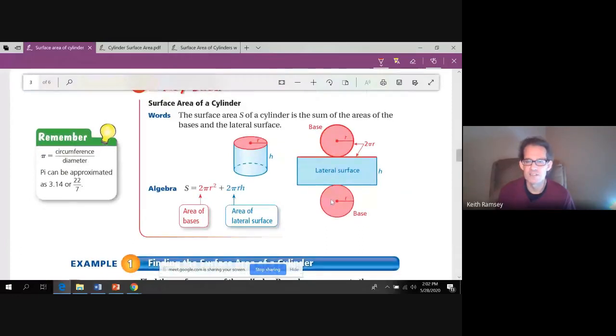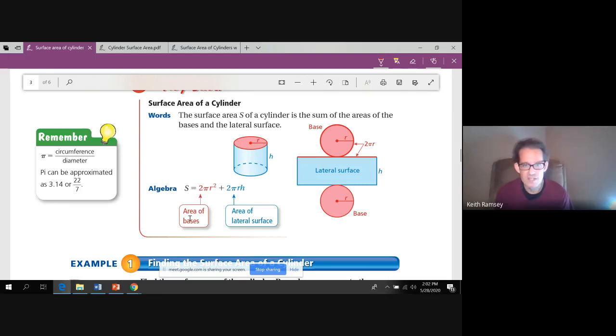Okay, let's take a look at this example. Here again, this is a geometric net of a cylinder that's been disassembled. So you can see very clearly the top of the cylinder is a circle, the bottom of the cylinder is a circle. The lateral surface, if you were to unwrap it, is like a long rectangle, okay? So in this case, if your radius is 2, you'd have 2 times pi times the radius squared.